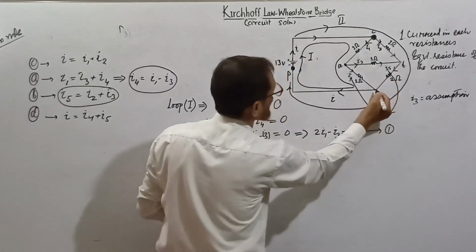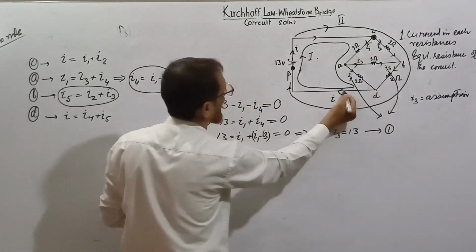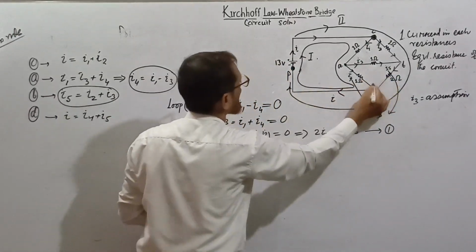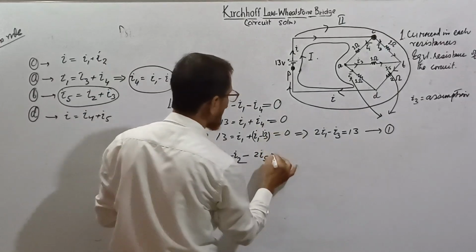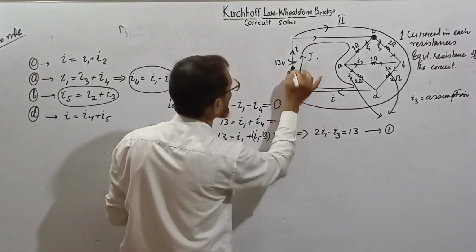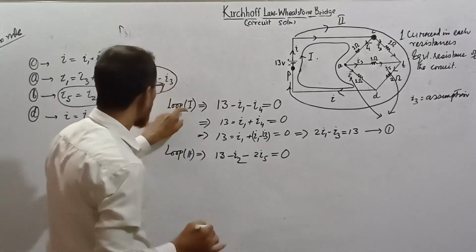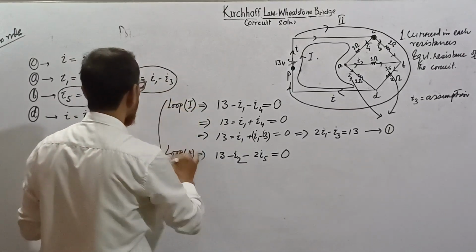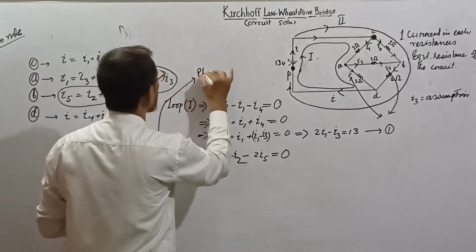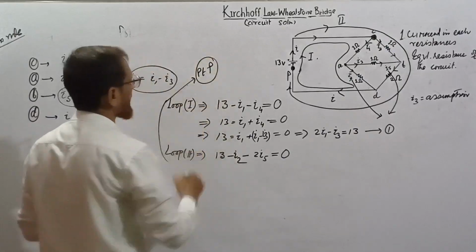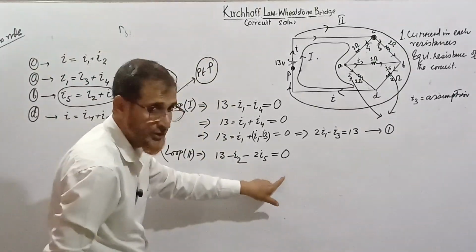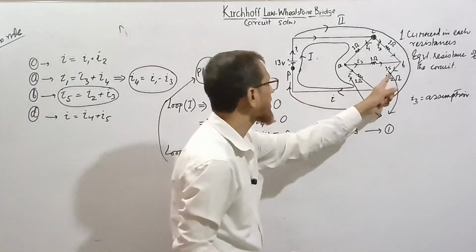Now it comes to this point and comes out. From this point to that point, nothing is there. So when it meets that point P, you get 0. So loop rule 1 and 2 is with respect to point P. Am I right? Here we need to replace I5.